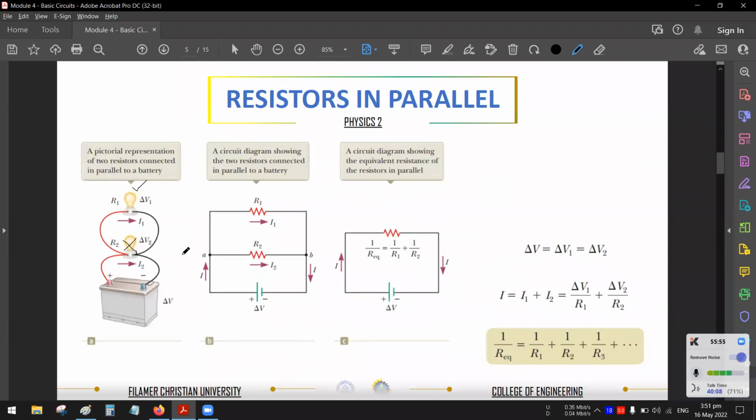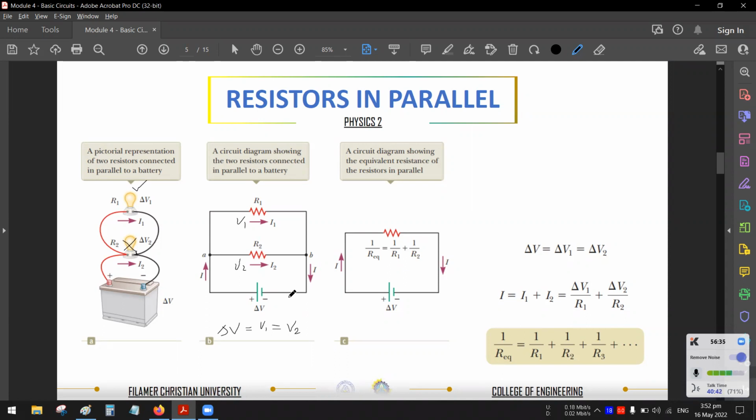So your change in voltage is just equal to your voltage across the first load. Let's say this is your V sub 1 and this is your V sub 2, the voltage across that resistor. This is the same as the voltage across resistor 2. So they are the same.